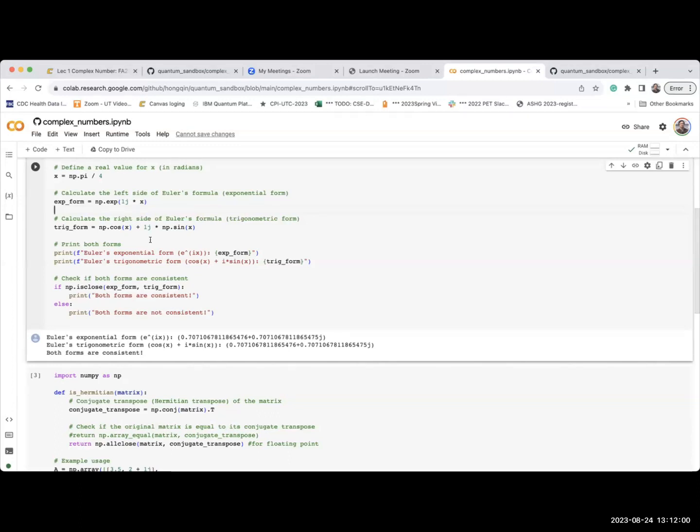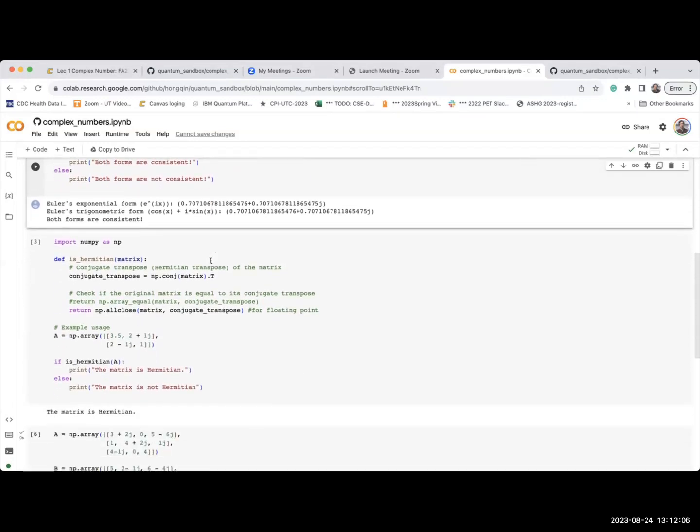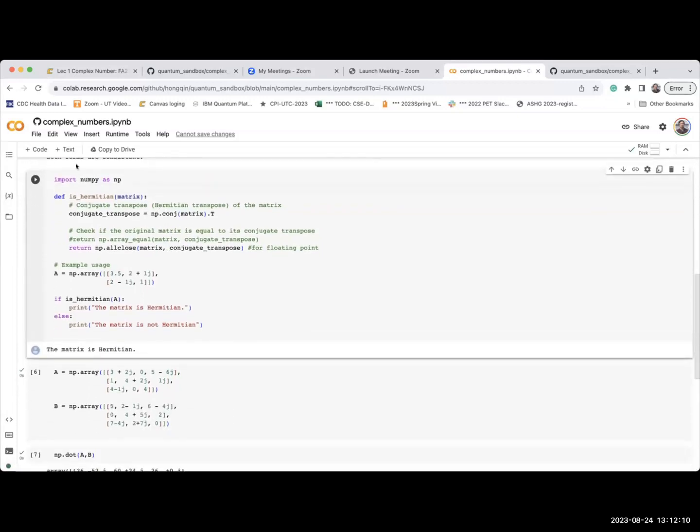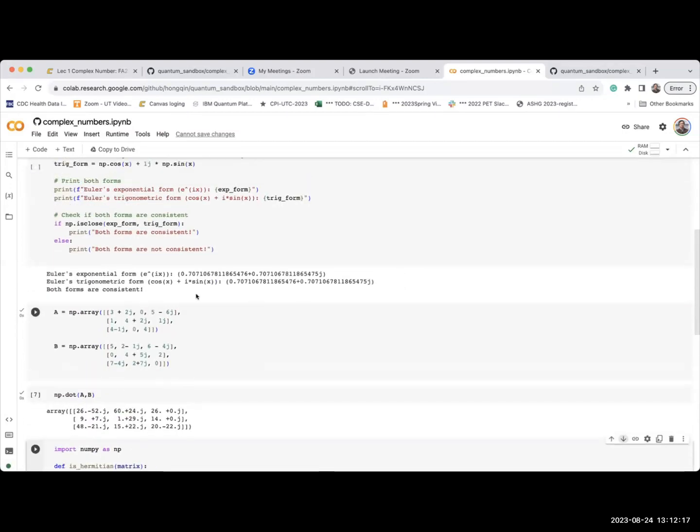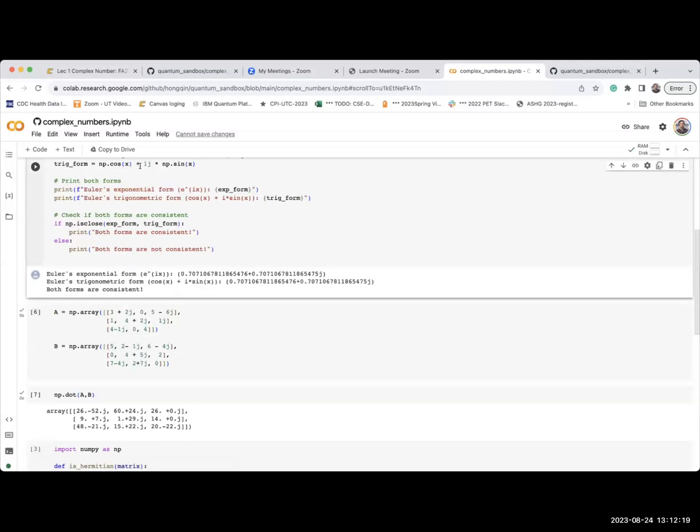They are identical. I should move this down because that's the next. How do I move this down? Yes. Let me add another part.